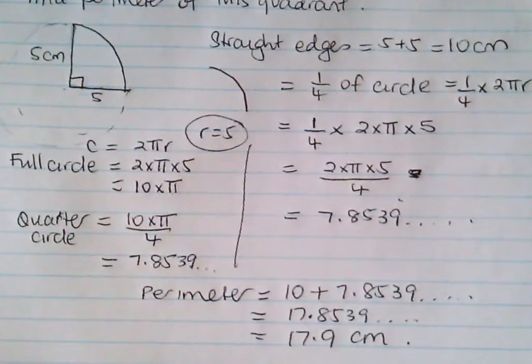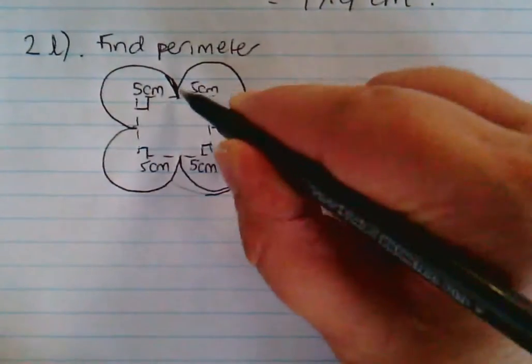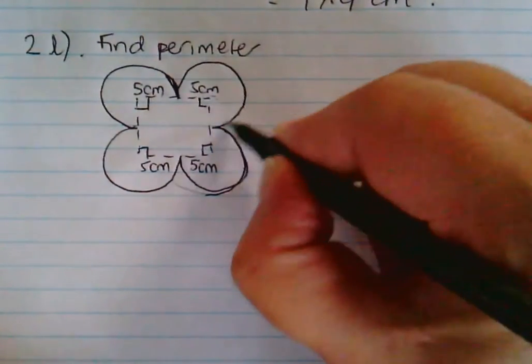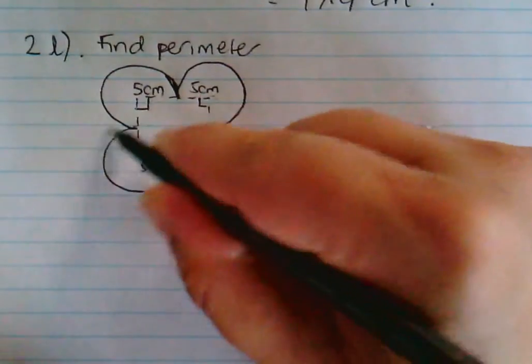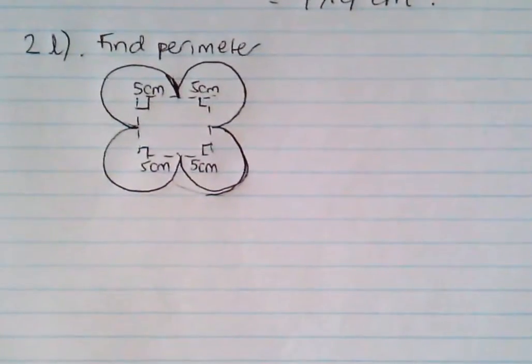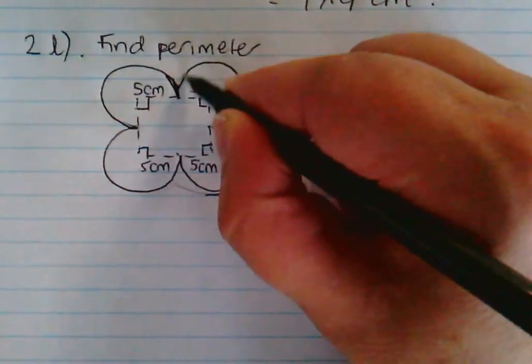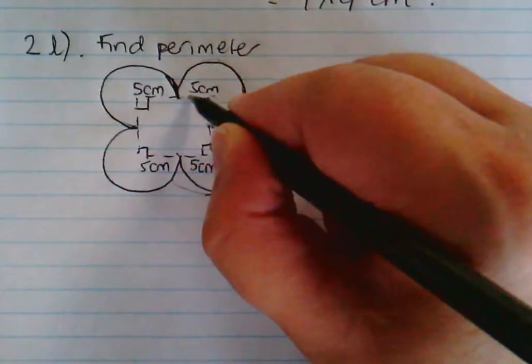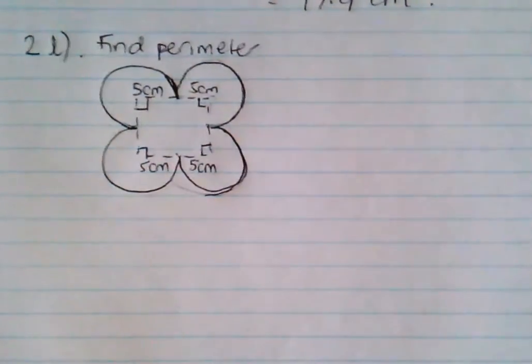So circumference is 2 pi r. Good idea to write the formula, girls. Okay, girls, notice there are no straight line bits in this shape. It's a curve, a curve, a curve, and all those curves are identical. So the problem here is to work out how much of the circle you've got. It looks like they've got a right angle here.